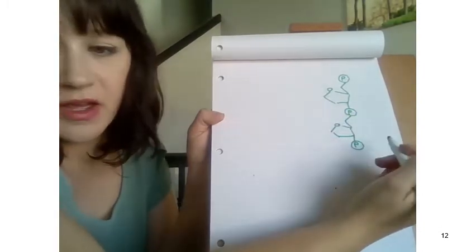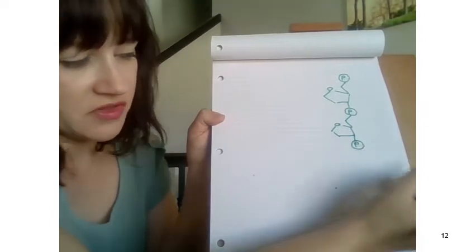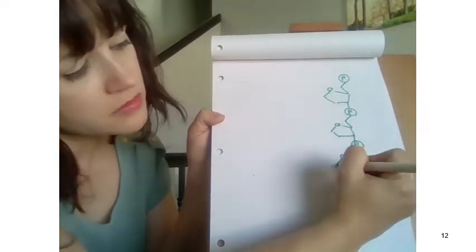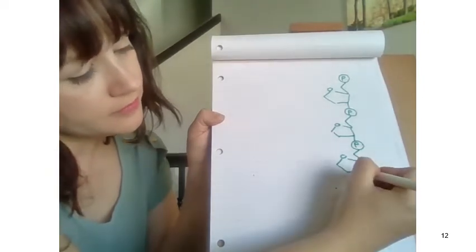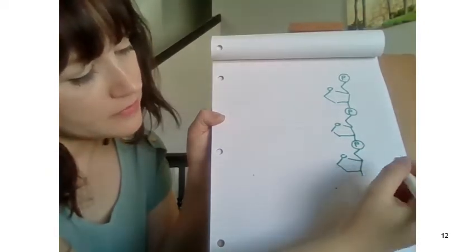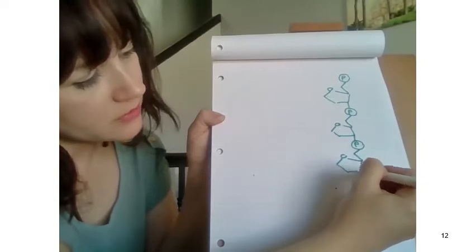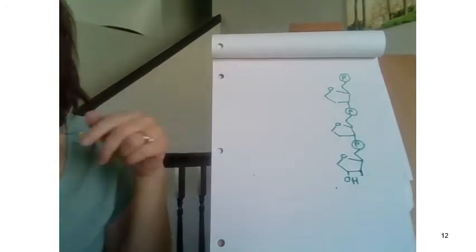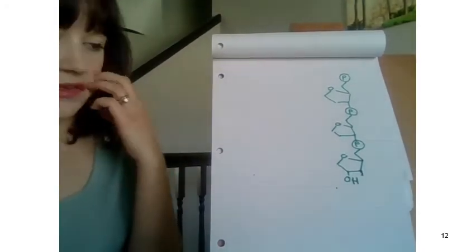I'm simplifying, drawing the phosphate groups as just a P with a circle around it. All right, so here we have a simplified diagram of one strand.